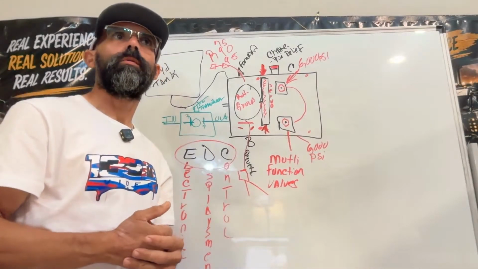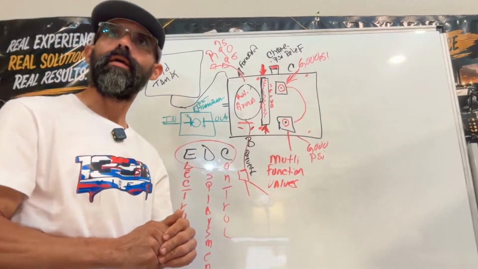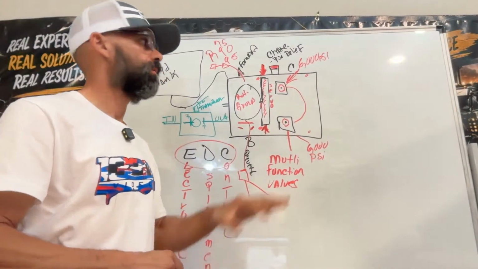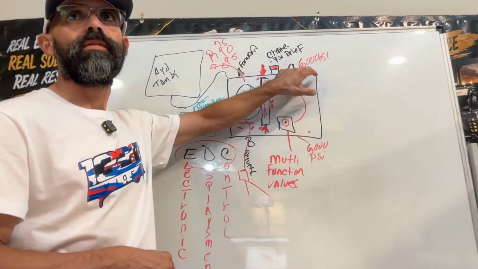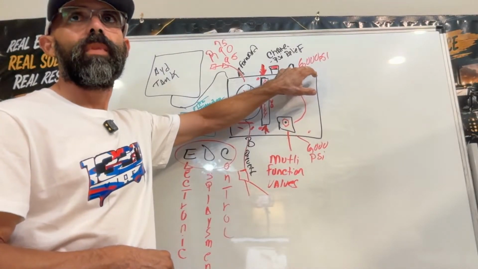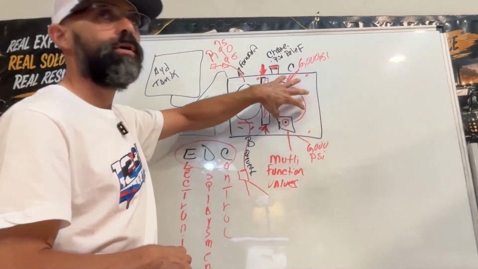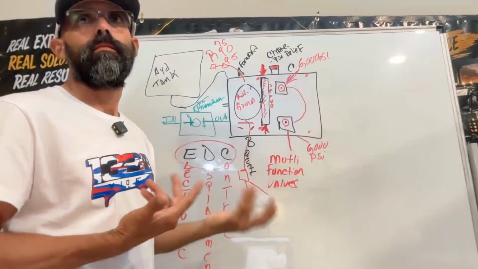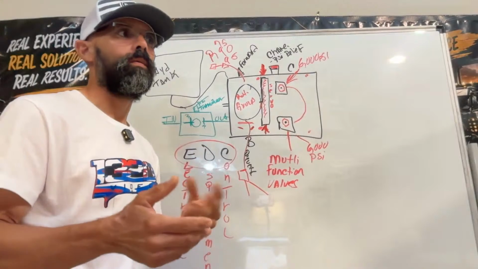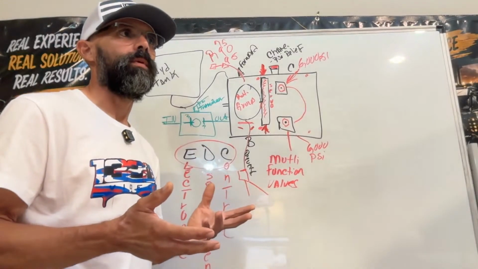I always use up to 10,000 psi gauges, because this pump right here puts out about 6,000 psi. Yes, you're going to have internal relief valves, but you never know what type of equipment or hydraulic pump you're going to be adjusting.